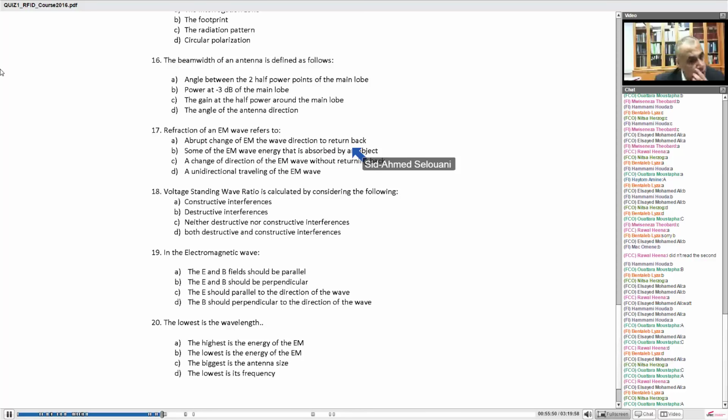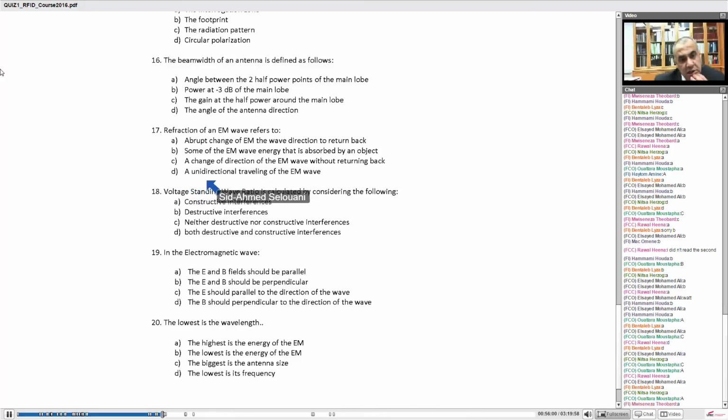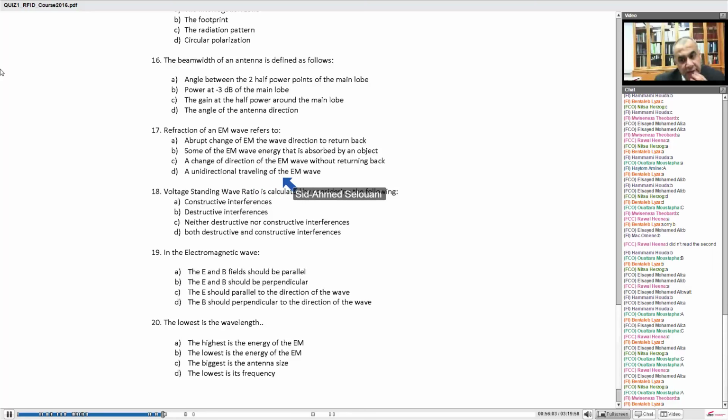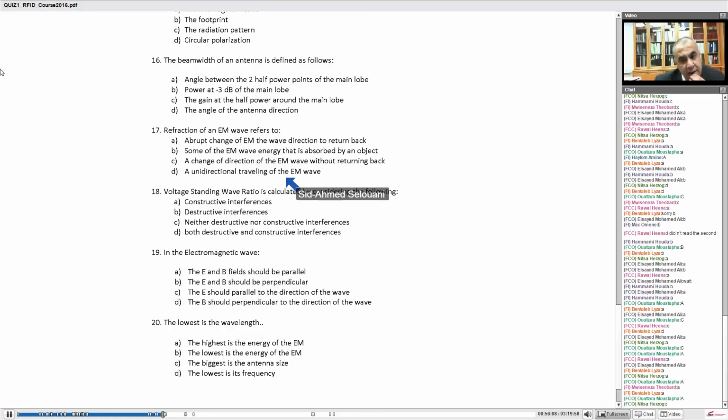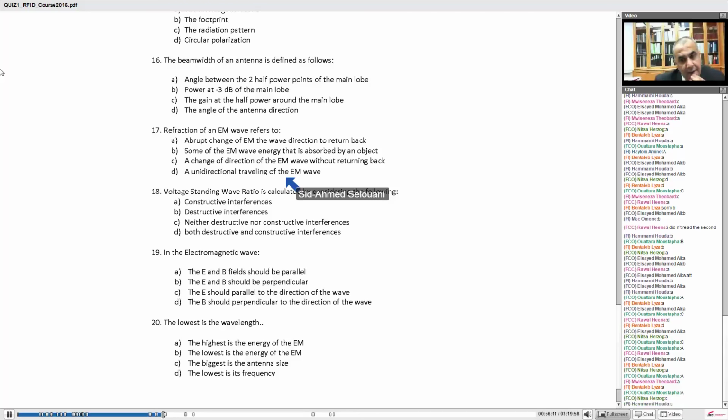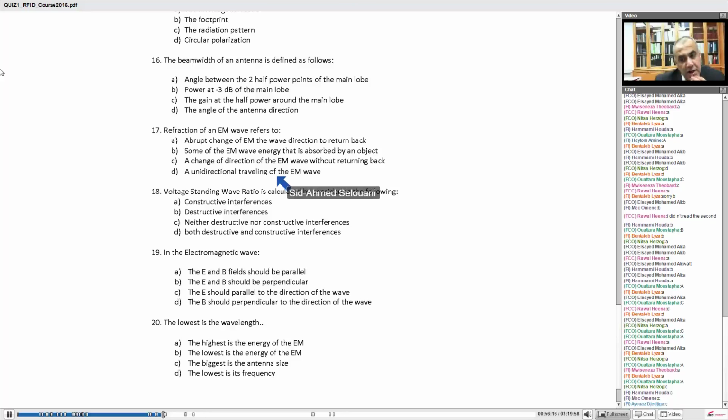Refraction of an electromagnetic wave refers to: abrupt change of electromagnetic wave direction to return back; some of the electromagnetic wave energy that is absorbed by an object; a change of direction of electromagnetic wave without returning back; a unidirectional traveling of the wave. Yes, C is the correct answer.